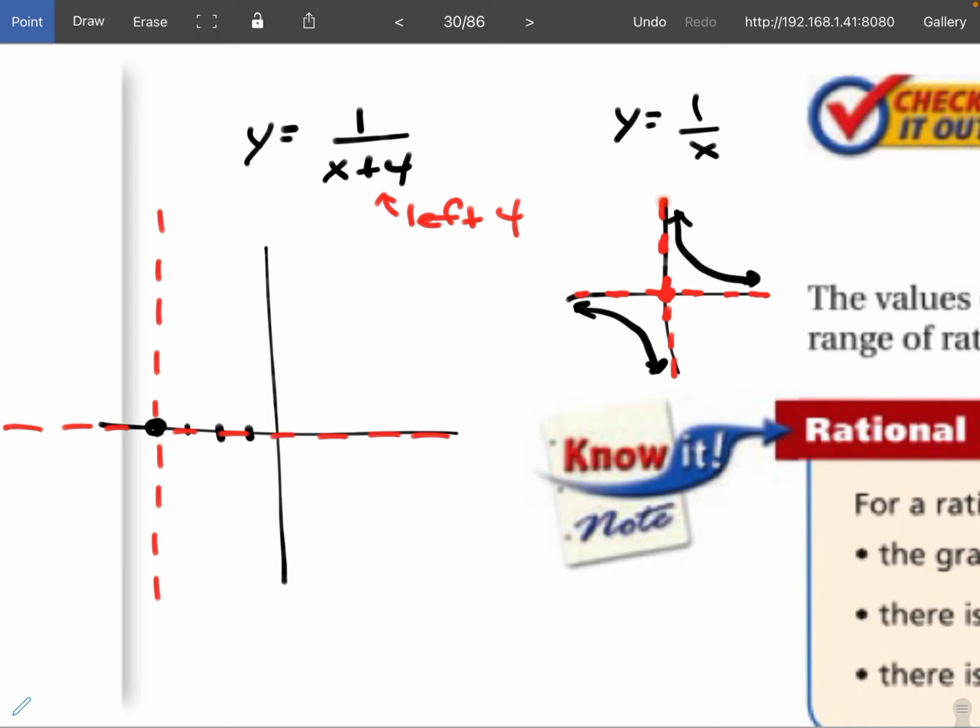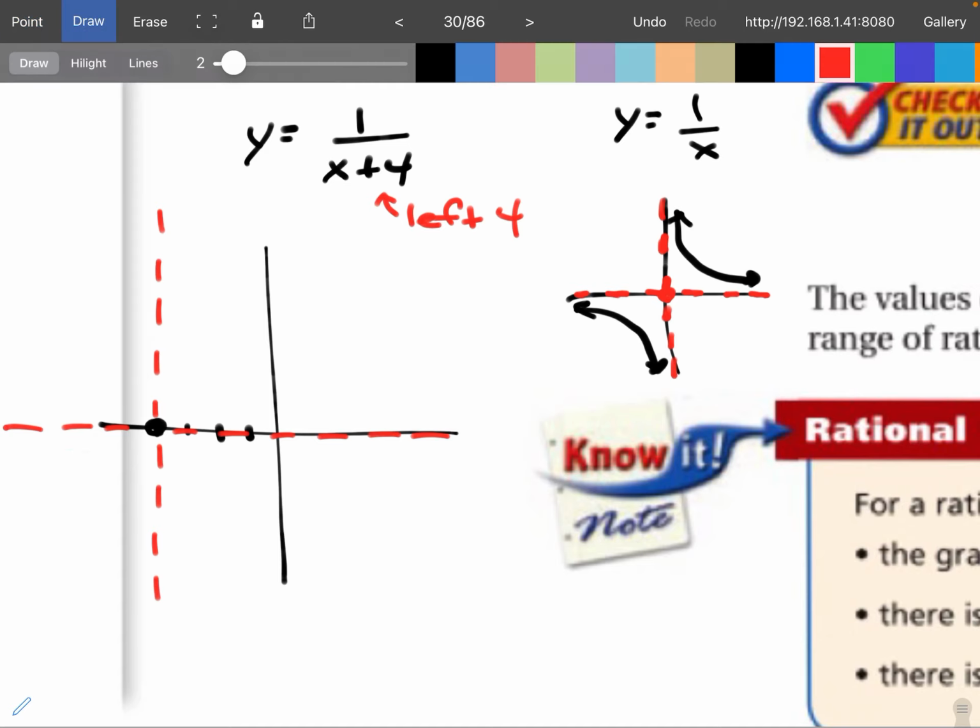And then you're going to resketch your parent function or your basic graph, this one right here. You're going to resketch it just kind of like this, this is going to be quadrant 1 now over here. And this is going to be quadrant 3 right there. So you're going to sketch it like in quadrant 1, it kind of looked like this, right?